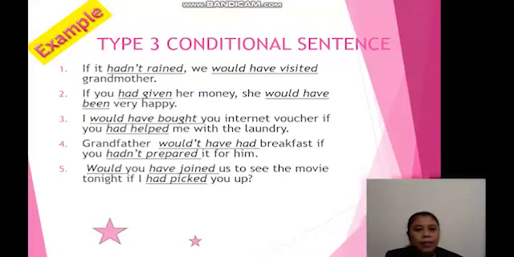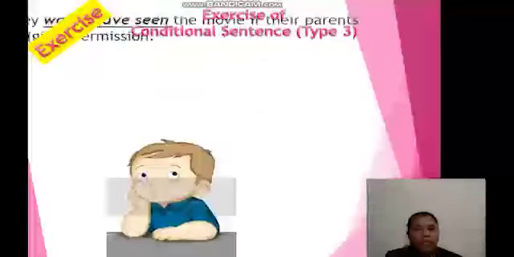If it had rained, so we know that the if clause used is past perfect tense, and then we would have visited, verb 3. We would have visited grandmother. If it hadn't rained, we would have visited grandmother.